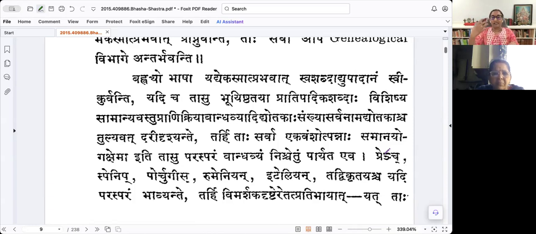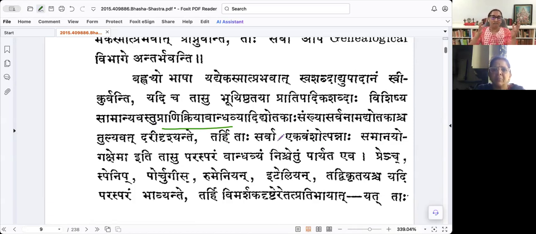In particular, when the Pratipadika words have a lot of commonality between the root language and the present languages, Samanya Vastu Prani Kriya Bandhavyadi Dyotakaha, then in these Shabdas there must be common Vastu between those two sets of people. Prani, there could be dogs or all the livestock that they were dealing with. Kriya, the actions that they were doing.